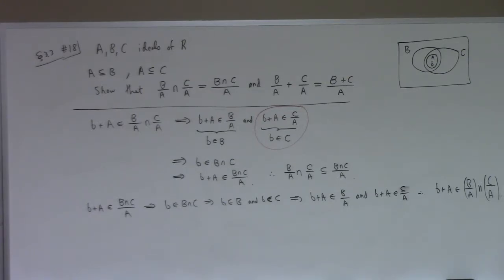That's how the sum of two ideals is defined. It's the addition of one thing in one and one thing in the other, but that, of course, is equal to b plus c plus A. How do I know that? Well, that's how we define addition of cosets. I mean, that's just a calculation in R mod A, right?